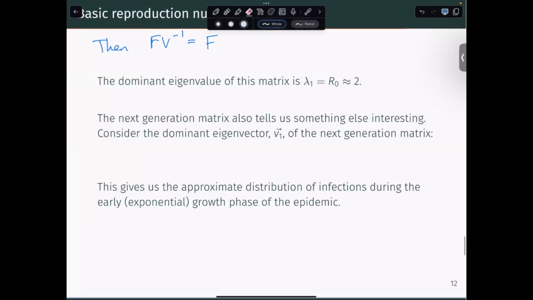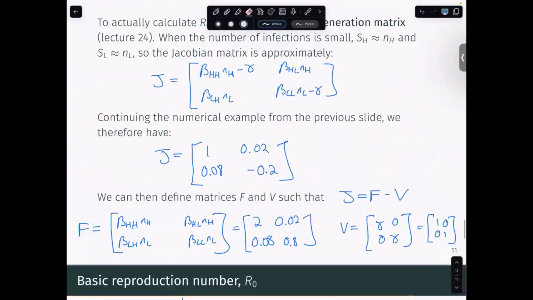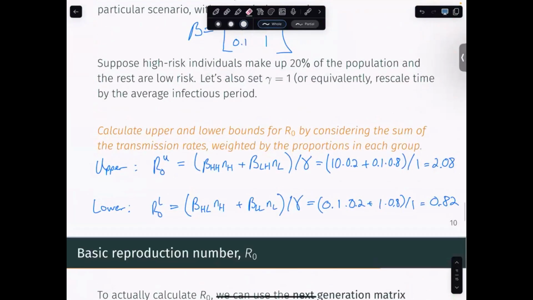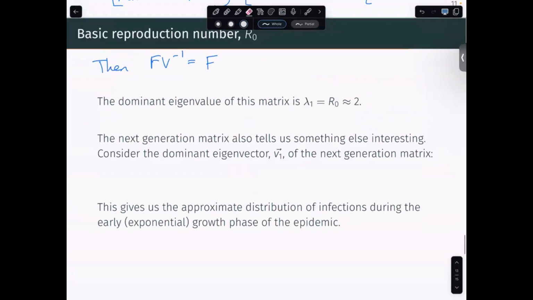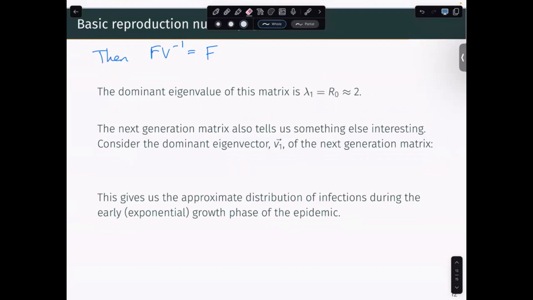The other cool thing that we can get from this is by looking at this dominant eigenvalue here, well, actually, no, sorry, I'm getting ahead of myself here. Note that our upper bound we had was just above 2. And our actual R0 was about 2. So this is telling us that the high-risk group is basically driving those early dynamics because everything is pretty much coming from them.